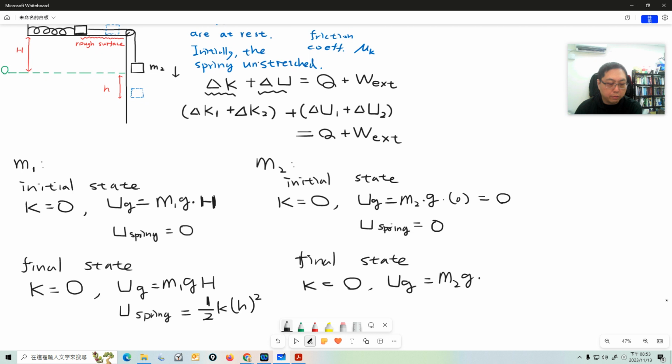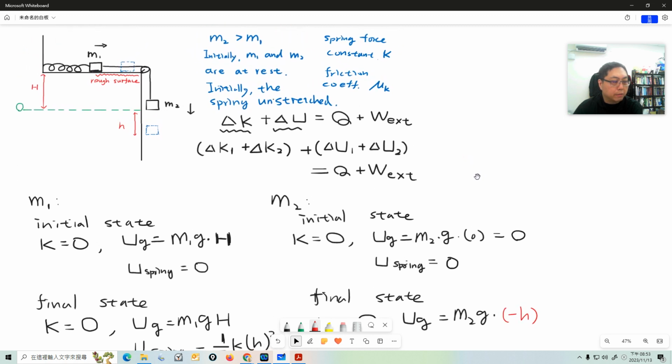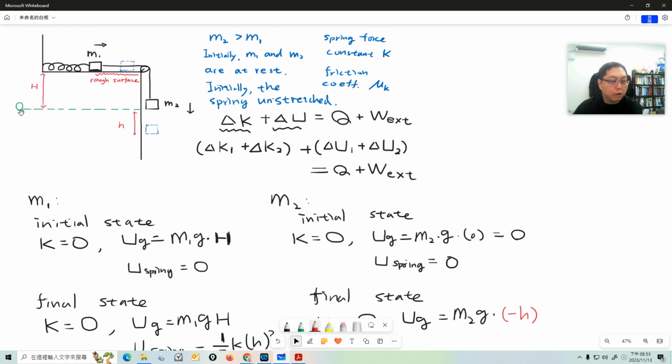It's m2 g times minus h, because in this system I set up the coordinate so that the origin of the y coordinate is here. When M2 moves downward with a distance h, the coordinate here is minus h. The potential energy calculation is m times g times h, and in this position h is minus h, so I have to put minus h here, not plus h.